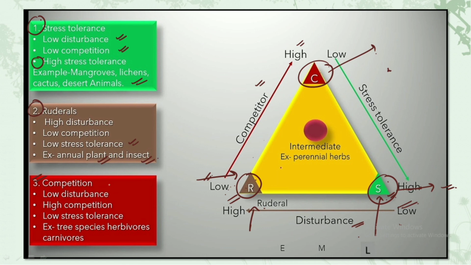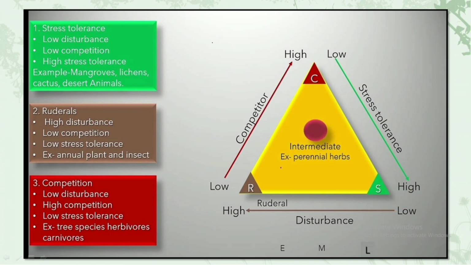The third one is about the competitors. These organisms occur in low disturbance areas and also in high competition areas because they are competitors by nature, and in addition there would be low stress tolerance present. The common examples are the tree species, herbivores and the carnivores.